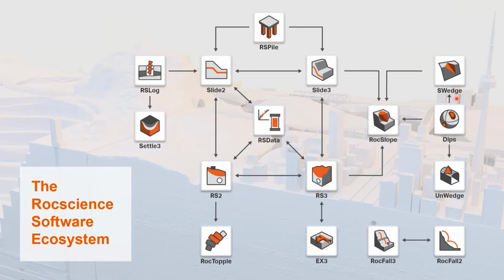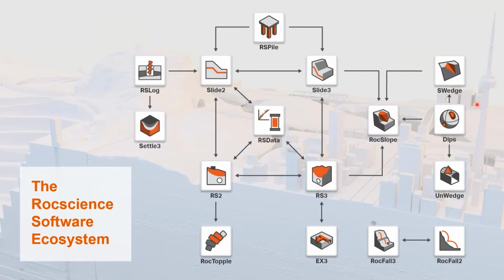We have a very effective interaction between the programs and a general way of dealing with and using these programs. So if you learn one of them, you can easily learn the others, because the icons, the flow of the program, and most of the steps look similar.